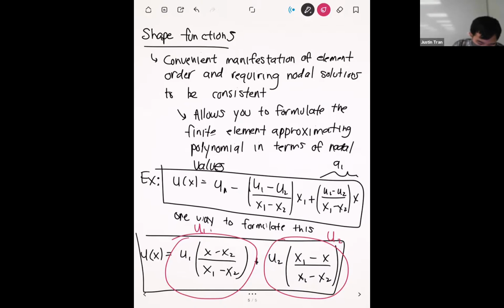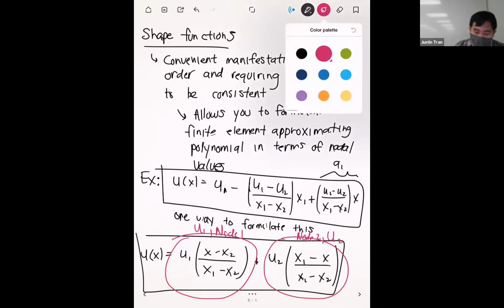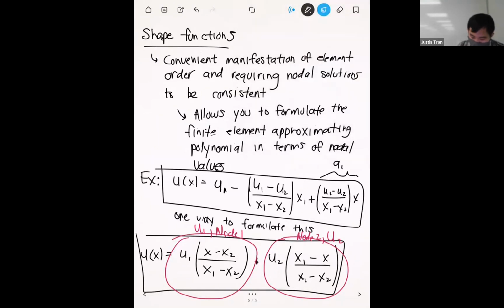So this is u1, node 1, and u2, node 2. Right, and so we've made it very clear that this term here is associated with node 1 because it has a u1 in front, whereas the other term is associated with node 2 because it has a u2 in front. Okay.